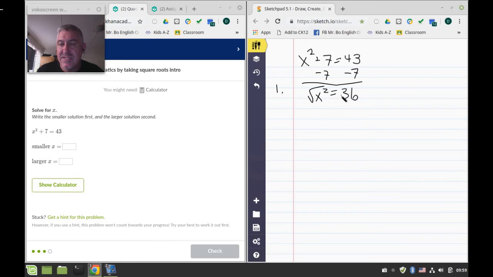Then my next step, I'm going to take the square root. Remember, positive and negative. So this is just 2 steps. The positive square root of 36 is 6, and the negative square root of 36 is negative 6. So negative 6 squared is 36, and positive 6 squared is 36. And we'll put those numbers in.